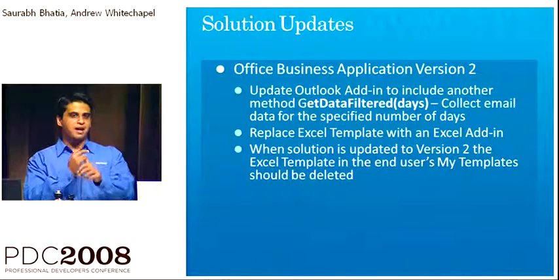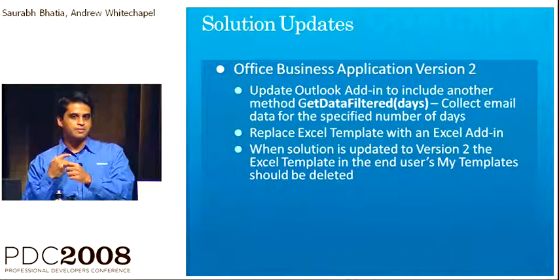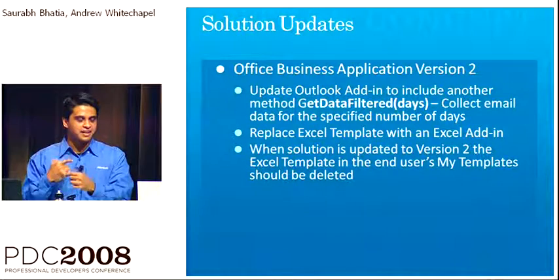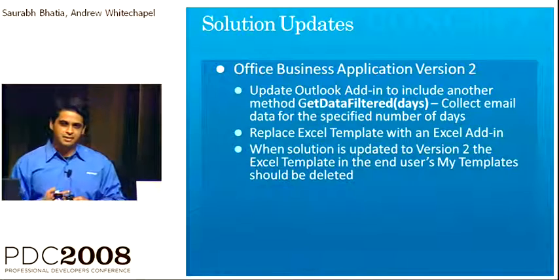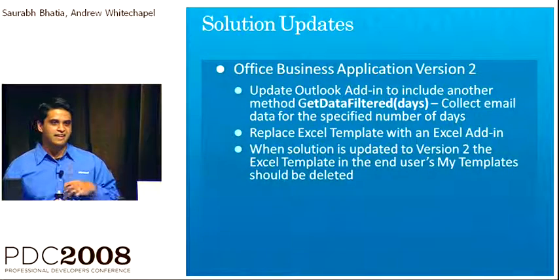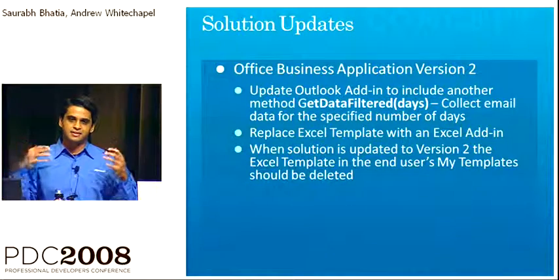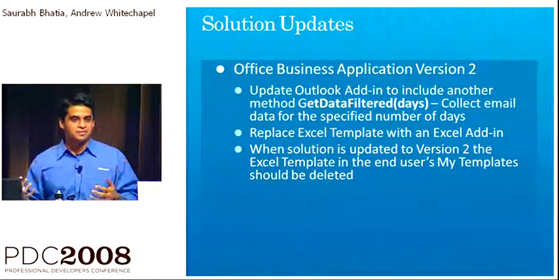So you want to update the Outlook add-in, add another method to it, and allow the data to be filtered by the number of days. You also realize that instead of using an Excel template, you really want to use an Excel add-in and then dynamically add the data onto any active worksheet that the user may have open. Right?